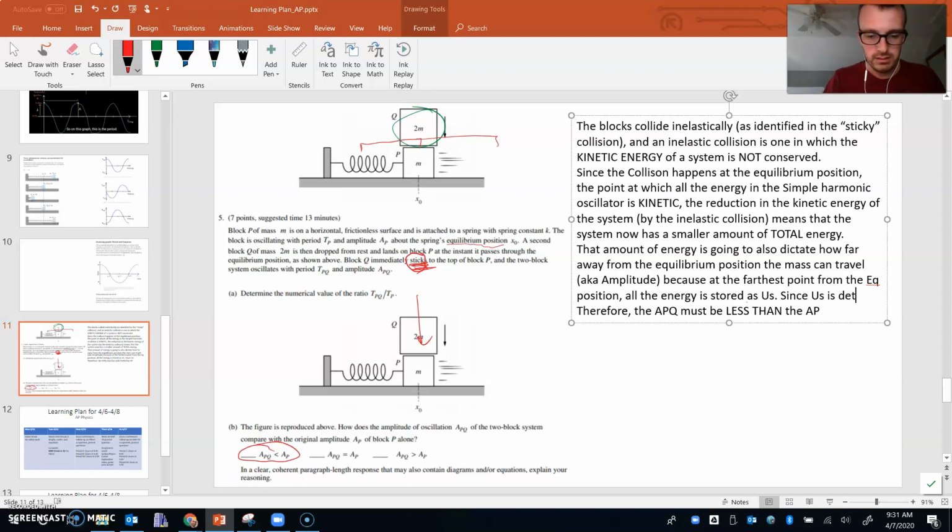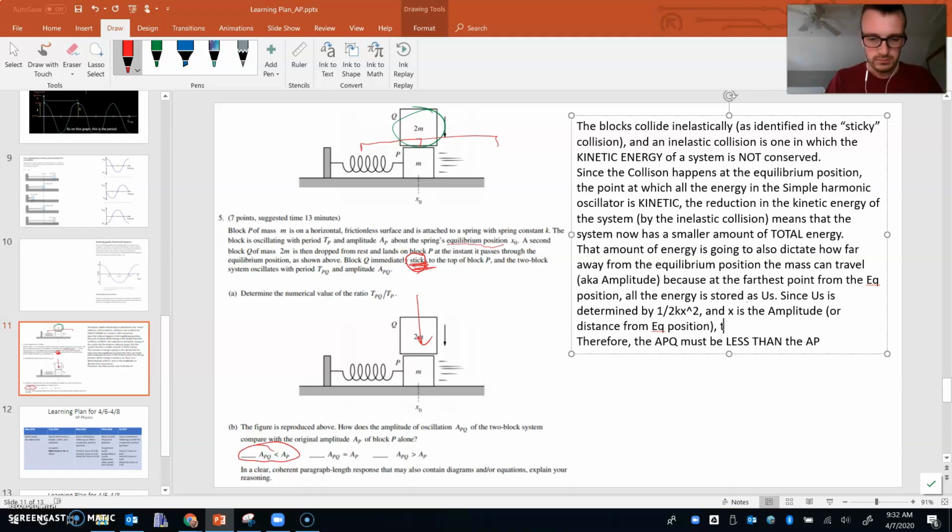Since US is determined by 1/2 kx squared, and x is the amplitude or distance from equilibrium position, this means that less US is available, so the block will not travel as far.